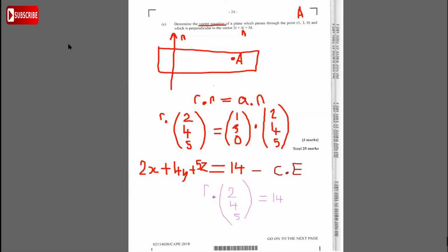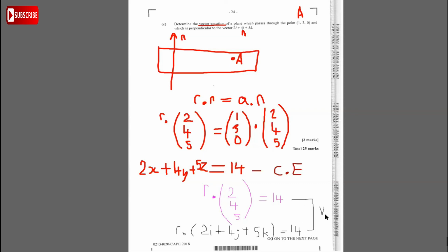Or some people like to leave it as r dot 2i plus 4j plus 5k equal to 14. They are both still vector equations. Either way is fine, because some people prefer the column vector form and some prefer the ijk form. So leave it as any one of these, and these are the vector equations.